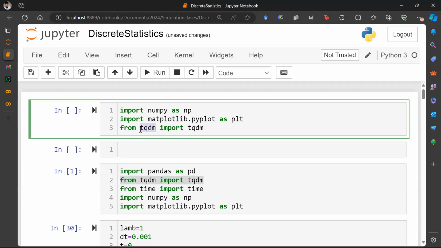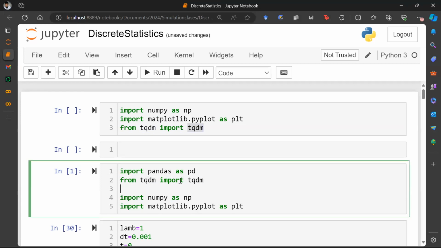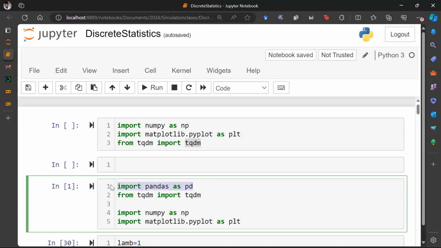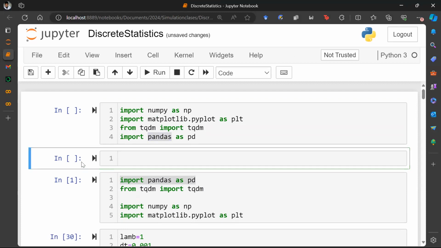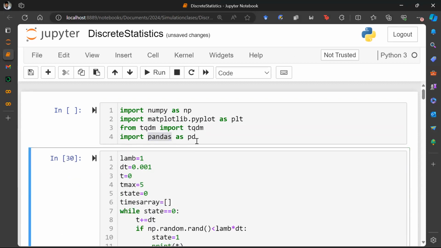So I use from tqdm import tqdm, and I'm going to use pandas as pd. So pandas is the biggest library of data processing in Python.